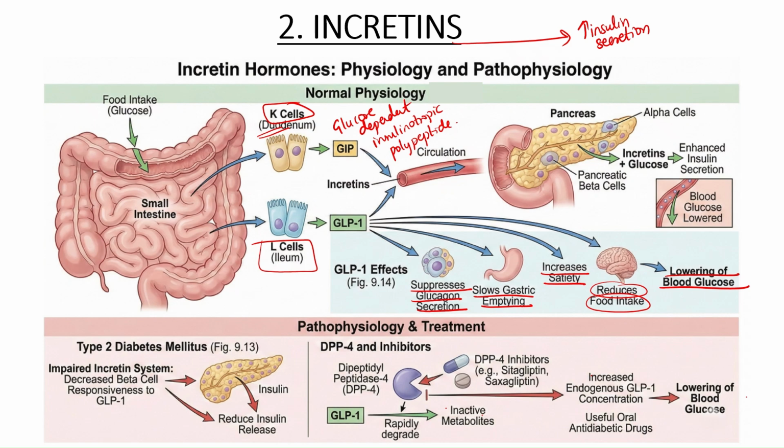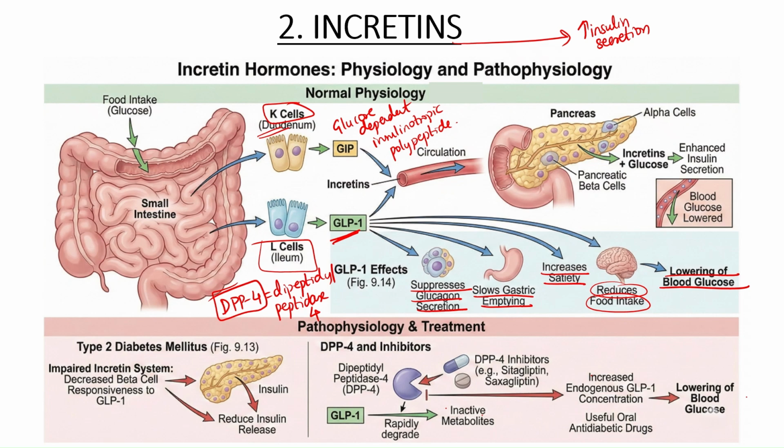Then the next one is the DPP-4. Naturally occurring GLP-1 is extremely short-lived because it is rapidly broken down by an enzyme called dipeptidyl peptidase 4. So DPP-4 is dipeptidyl peptidase 4. The DPP-4 is the enzyme that breaks down the GLP-1.